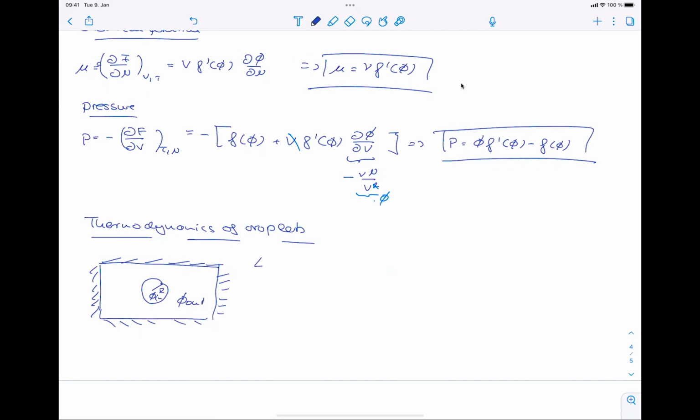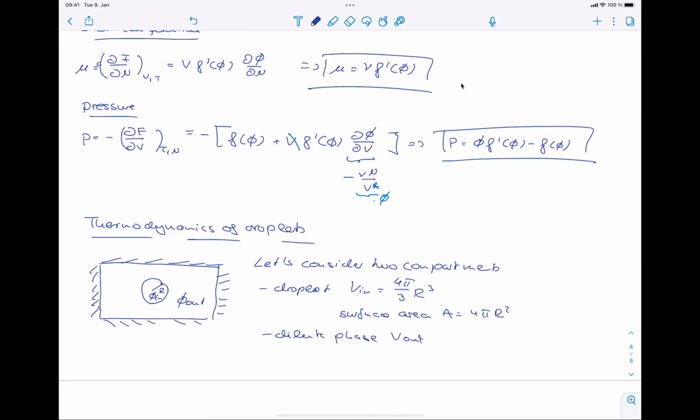So what I do here is consider two compartments. First, the droplet of volume and surface area, and the dilute phase of the remaining volume.